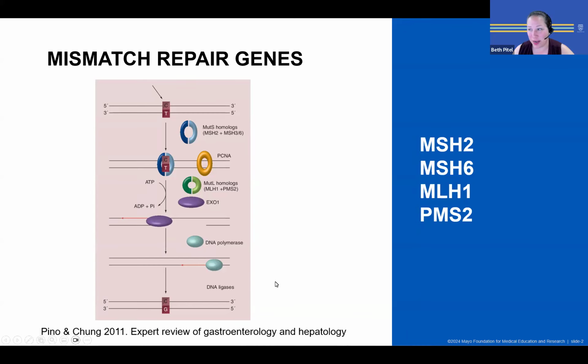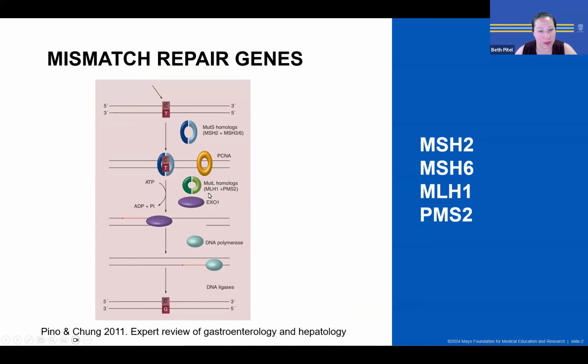So I know I'm probably preaching to the choir here, however, mismatch repair genes, the ones that we typically assay, are MSH2, MSH6, MLH1, and PMS2, and they work together. So MSH2 and MSH3 and 6 work together as the MutS homologs during mismatch repair.